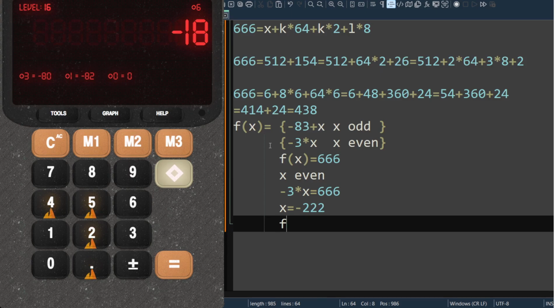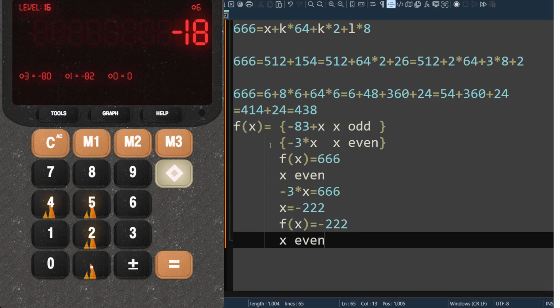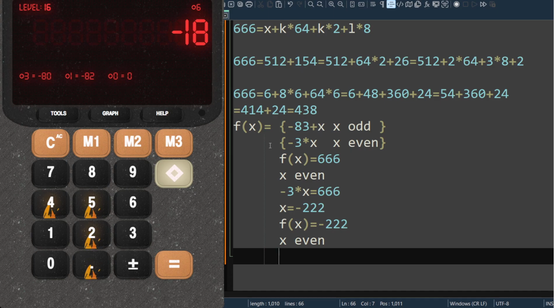We're going to try this again. f of x equals minus 222. I can still assume that x is even. That means x equals 222 divided by 3, which, what is that? 70, 77, not 77, 74 maybe? 74.